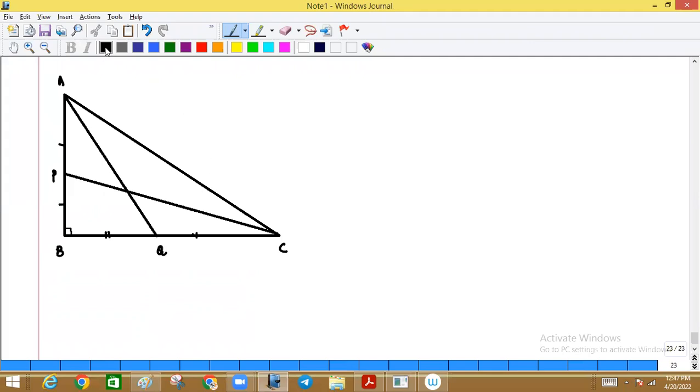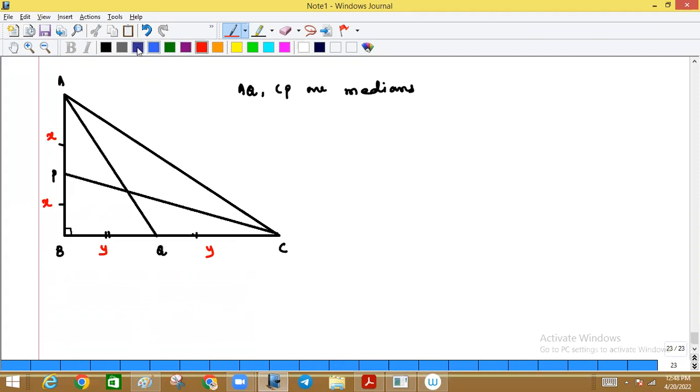P and Q are midpoints of side AB and BC. So what is CP and AQ? AQ and CP are medians. If I take it as X and X, I take it as Y and Y.